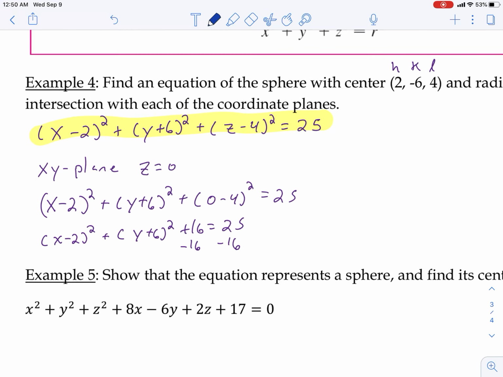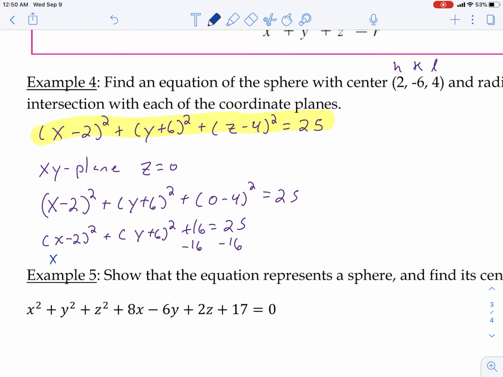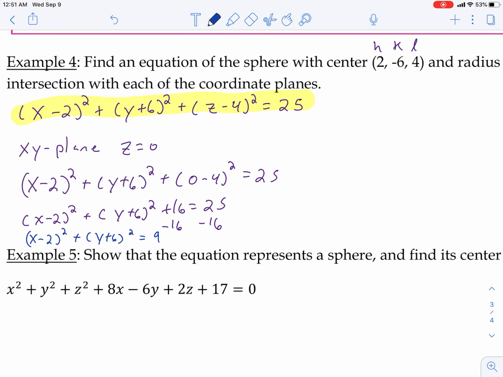I'll change the color so you can see that this is what our circle is going to be: x minus 2 squared plus y plus 6 squared equals 9.